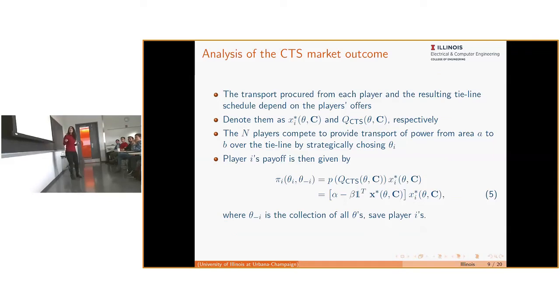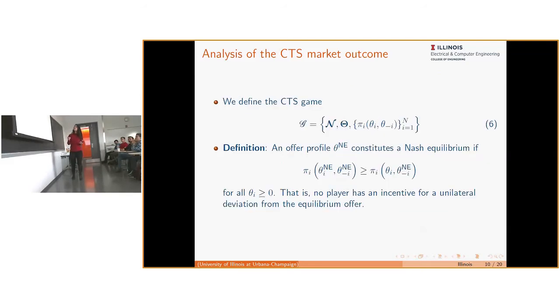Again, it can be expressed as a function of the strategic variable theta and the liquidities of the players. In this way, we can go ahead and define a game, the CDS game, that consists of the set of the n players, the strategy space theta, and the payoff structure of each player.